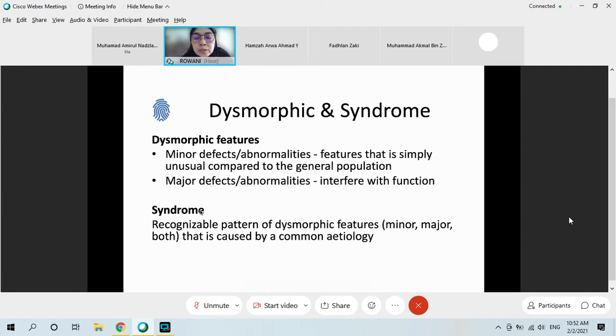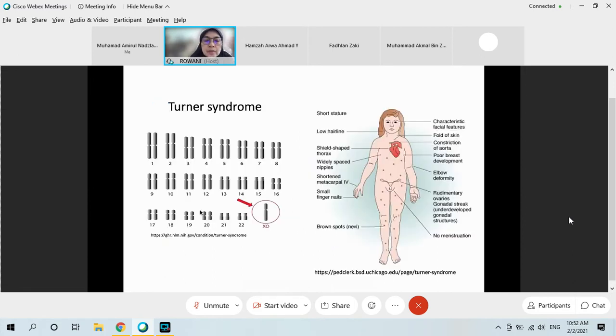So you call these syndromes. And we know that these abnormalities are caused by a common etiology. So it falls into the definition of syndromes: a recognizable pattern of dysmorphic features caused by a common etiology.